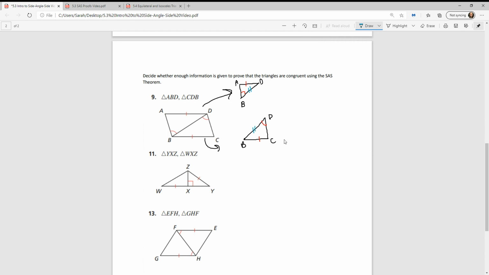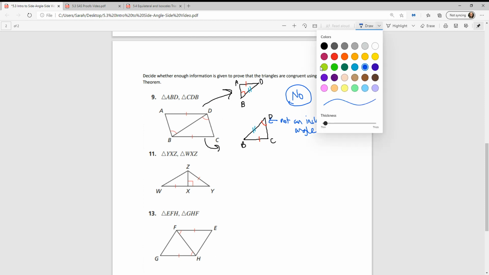So, can we use side angle side? I have two congruent sides. I have one congruent set of angles, but is that angle included in between the two congruent sides? The angle is not the included angle, so this one is no. We cannot use side angle side to say these two triangles are congruent because this is not an included angle for the two congruent sides.